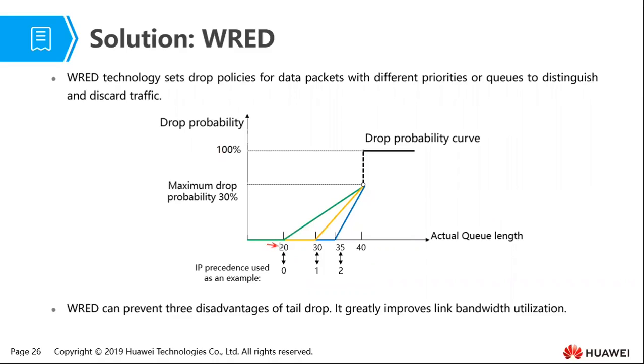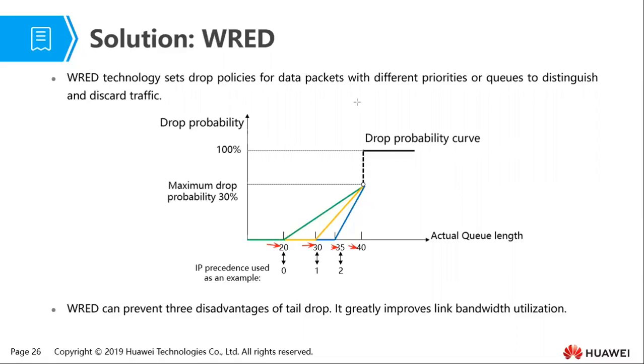So this might mean something like, just as an example, 20% full of the queue, 30% full, 35% full, then maybe 100% full, then we start dropping everything.